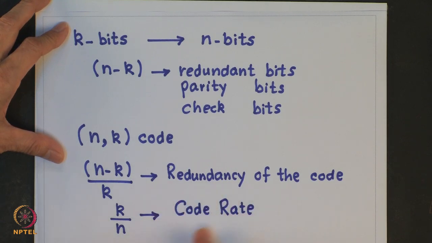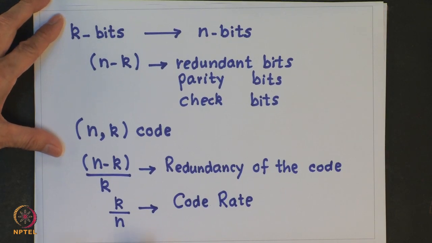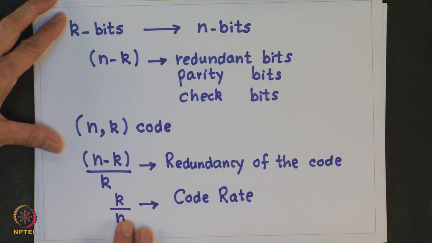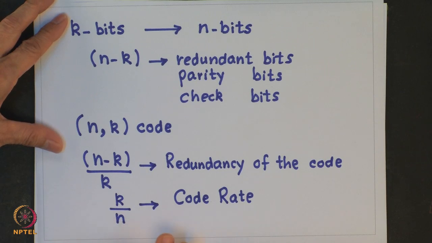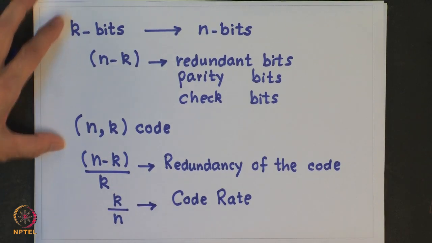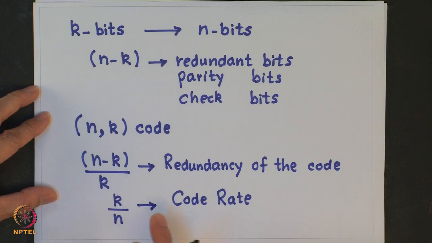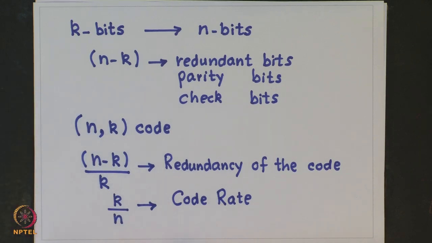So, the code rate can be thought of as the portion of a code bit that constitutes information. For example, in a rate half code, each code bit carries half bit of information. Now, block coding increases the transmission bandwidth requirement. For example, rate half code would require twice the bandwidth assuming zero delay constraint.